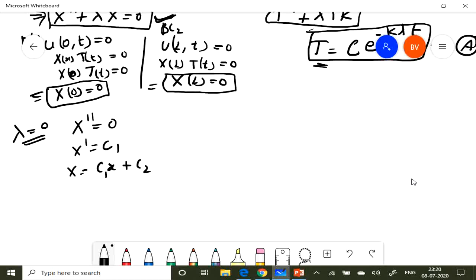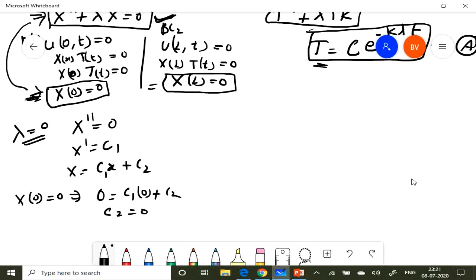So now the boundary conditions we get here. This is the boundary condition for this Sturm-Liouville problem, isn't it? So X of 0 is 0 gives 0 is equal to c1 times 0 plus c2, which gives c2 is 0.